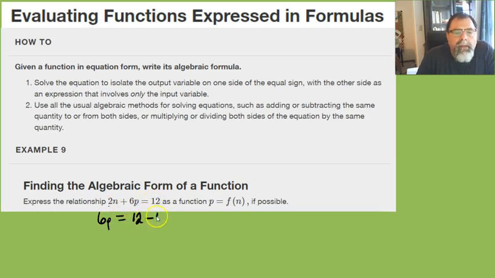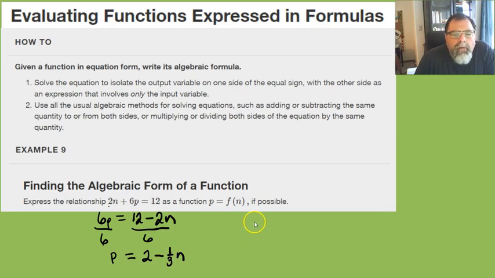So it becomes minus 2n. The last step, we just divide by 6 to get p by itself. Then we get p equals, and you can split this up into two fractions. 12 divided by 6 is 2, and negative 2 divided by 6 reduces to negative 1/3 n. You can leave it like that.